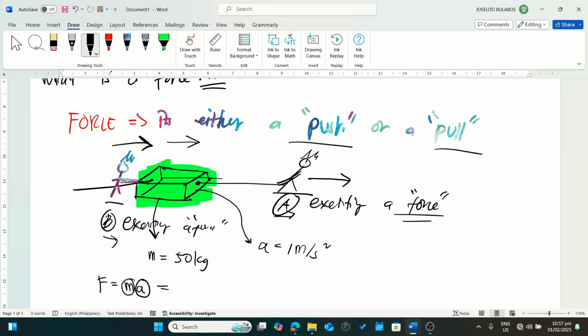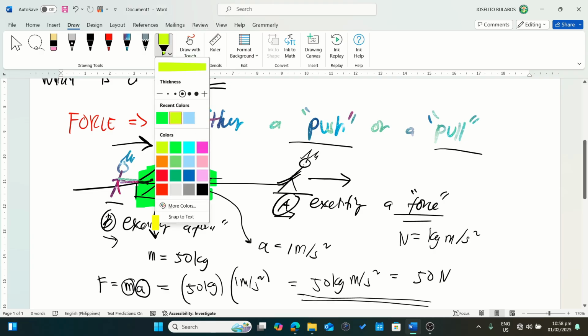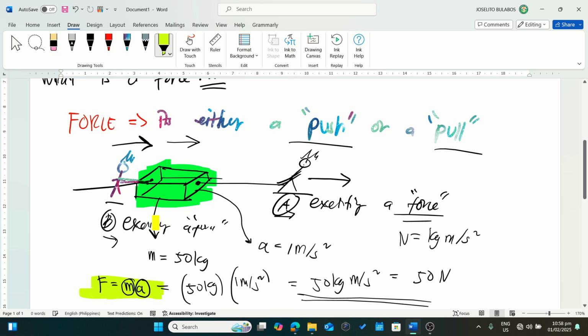The acceleration here is 1 meter per second squared and the mass is 50 kilograms. So we end up with 50 kilogram meter per second squared, or 50 Newton, since a Newton is equivalent to kilogram meter per second squared. So this will be the force. This is another way for us to define force using this equation.